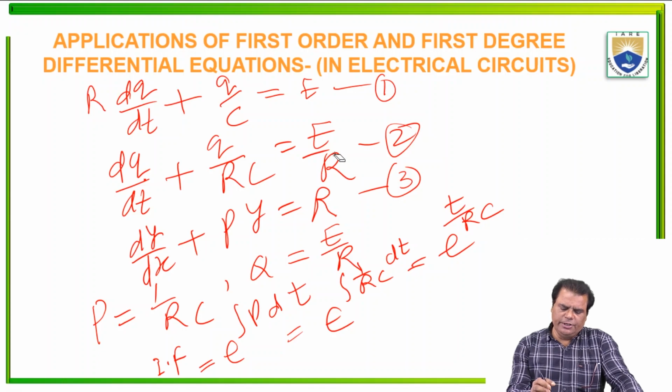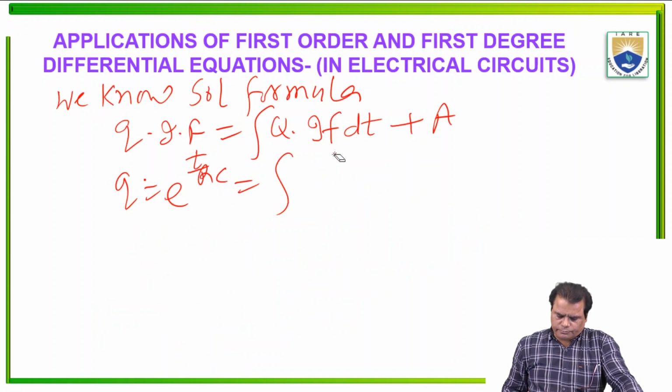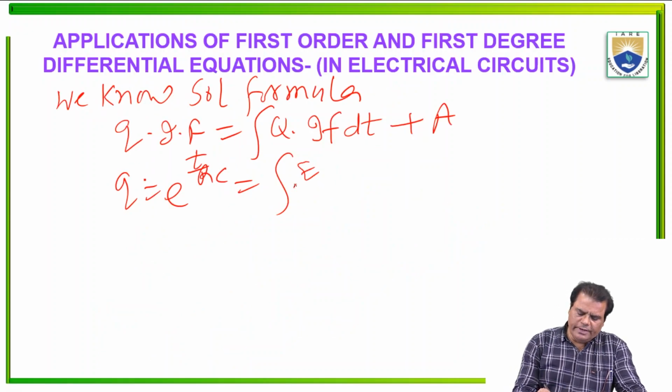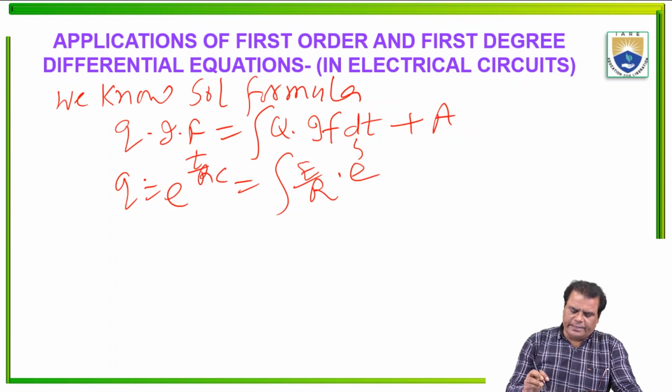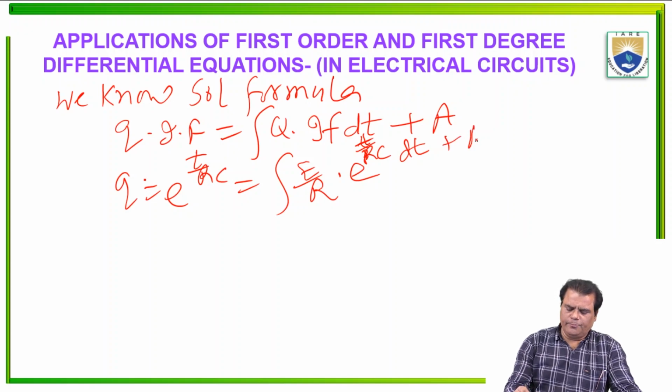Q is E by R, into e to the power t upon RC dt plus A.